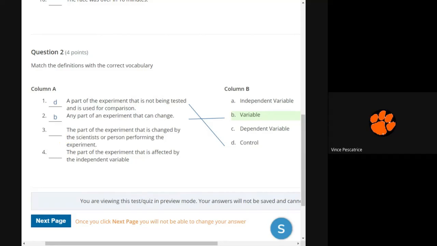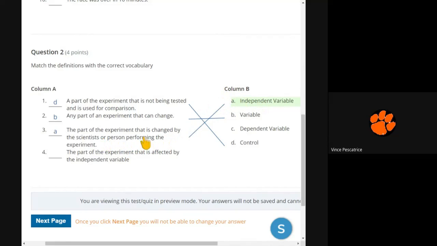It is the independent variable. The independent variable is the one that we change. So we change the independent variable. So we change the size of the jar, the amount of water, the size of the pan, and the amount of flame, okay?